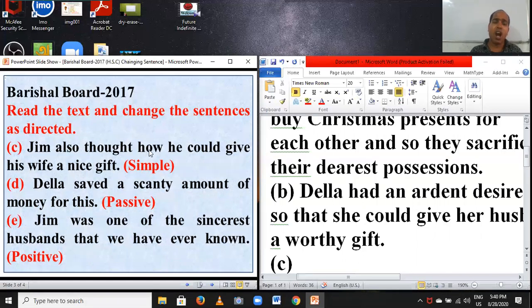If you find "how" after a subject and a word like thought, hope or think, followed by subject plus could, would, might plus a positive sentence, you have to use "of plus B1 plus ing" when changing into a simple sentence.